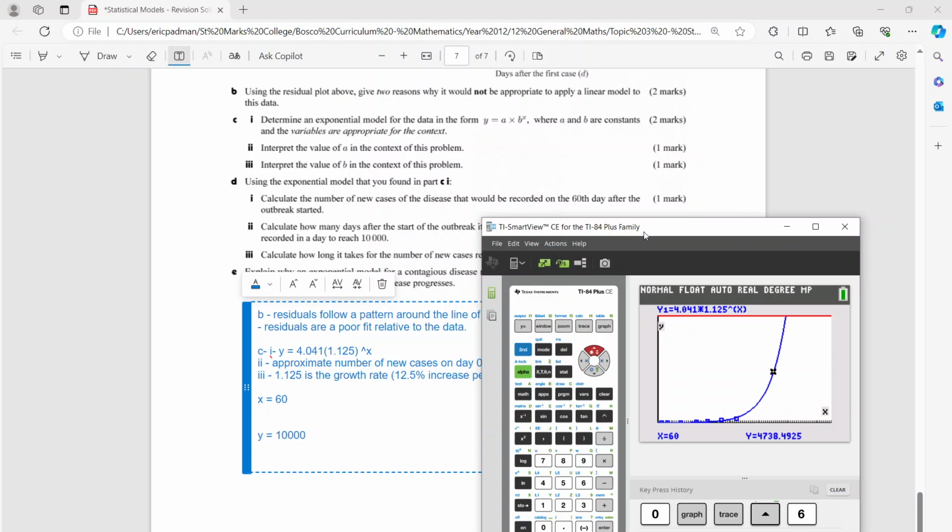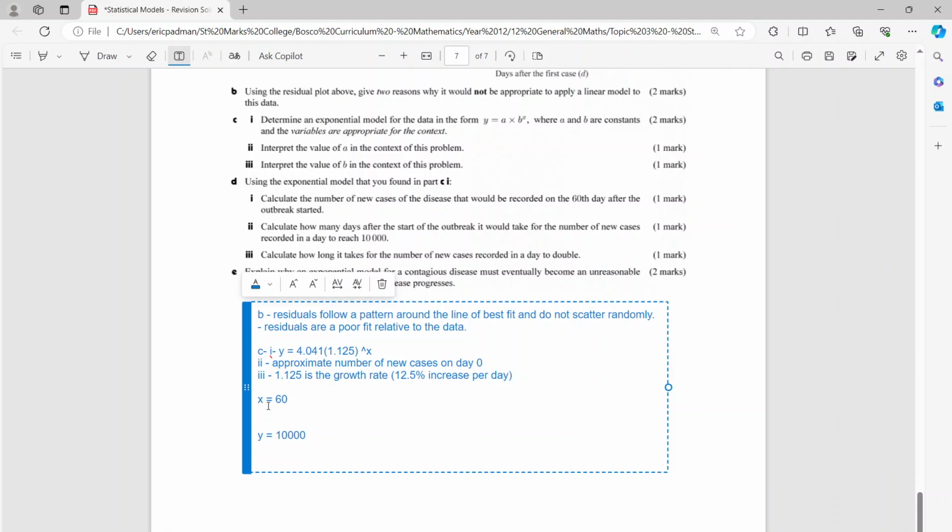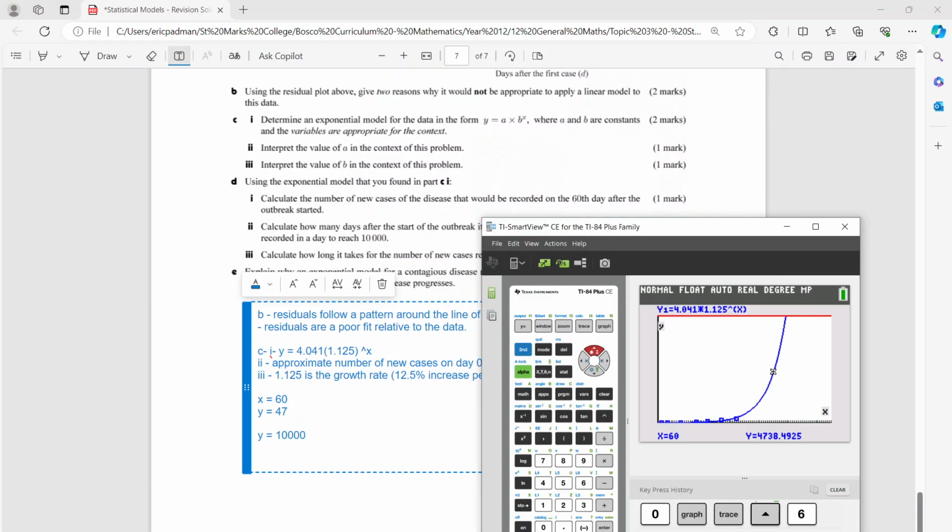Oh, I know why, I'm not clicking on the right thing. I've got too many things going on here. I need to click on the blue graph, then do my trace at 60. It's already done it for me. So on day 60, the number of new cases is y equals 4,738.